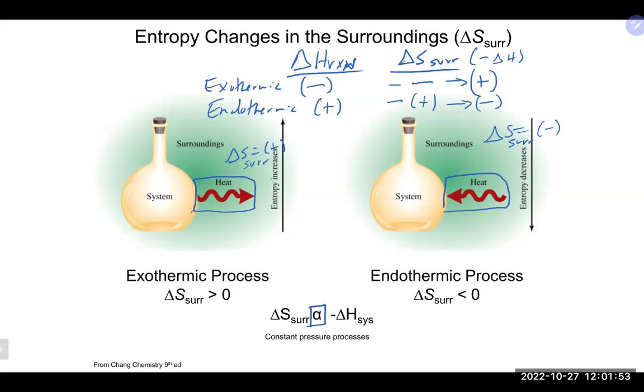Does the actual temperature of the surroundings make a difference in how much of a change in entropy you would see for the surroundings? Let's say, for example, the temperature of the surroundings was really high. Would the additional energy coming from the exothermic reaction make a big difference?